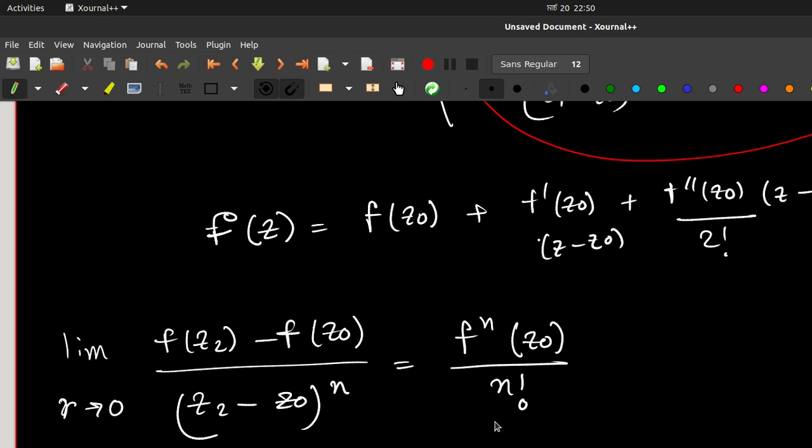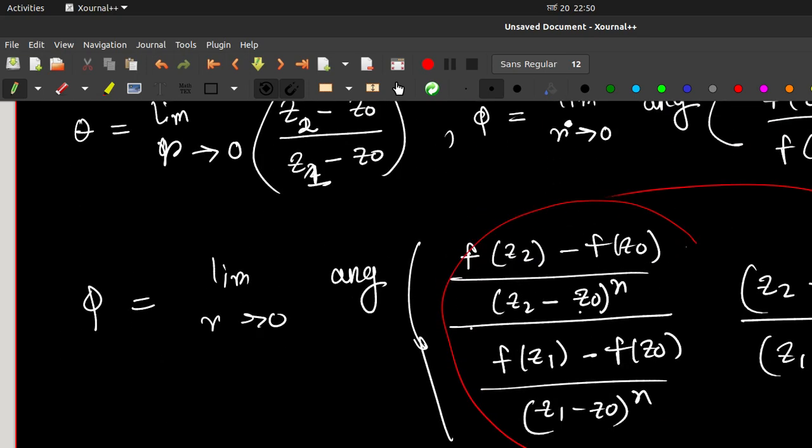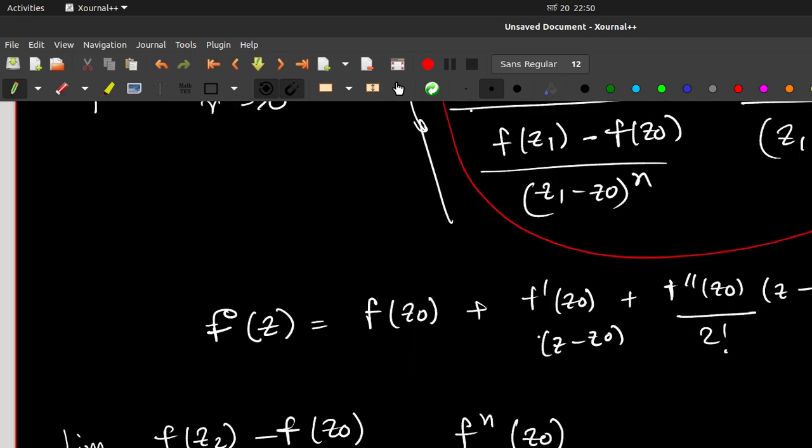This is what I'm saying, alright? Because if you just look at these terms, you can easily see that, and you have to compare this with the Taylor expansion.